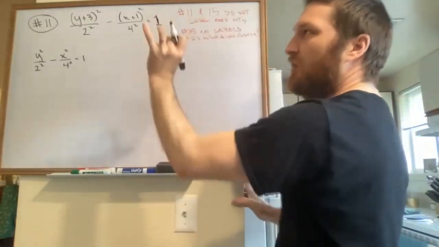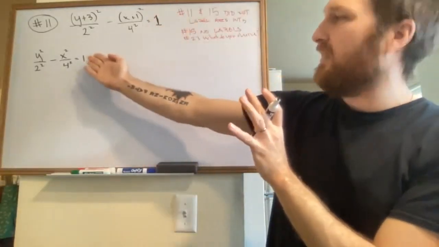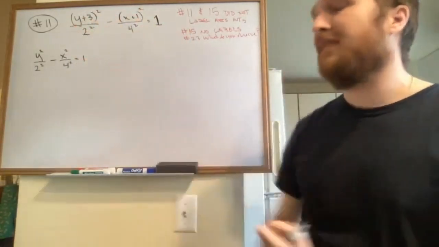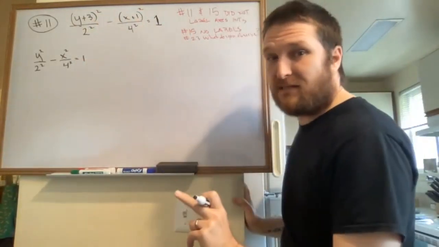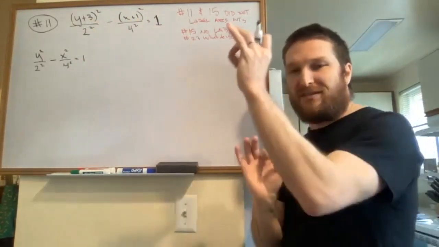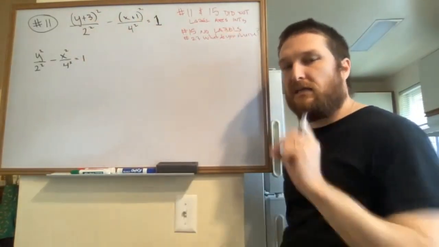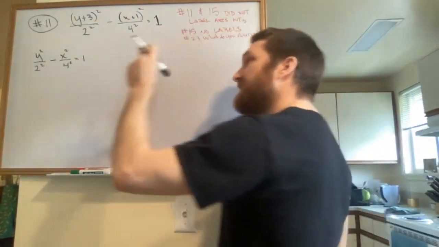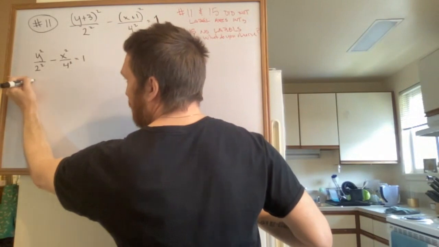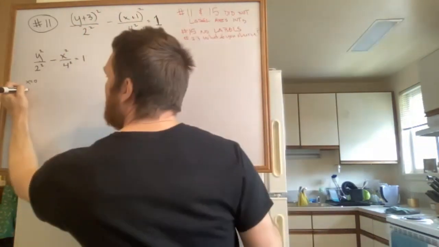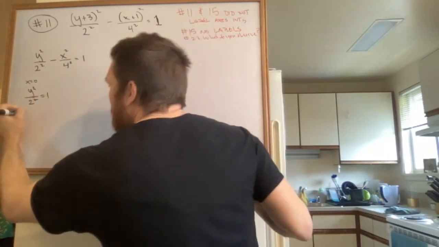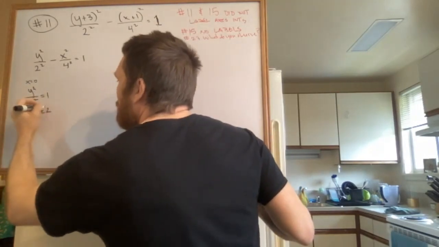If we started with something like this, which we don't have, but if our original thing were like this, then all I would need to do to find the intercepts or the vertices is to say, if I set x equal to 0, then we would have y squared over 2 squared equals 1, which means that y equals plus or minus 2.